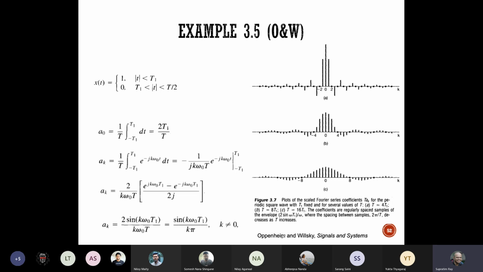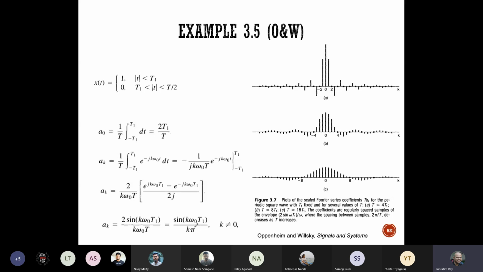Okay, so right now this regularly sampled envelope is just coming from this formula. It's 2 sin(omega T1) by omega, but you have put omega as this discrete sample, omega naught, by 2, I suppose.